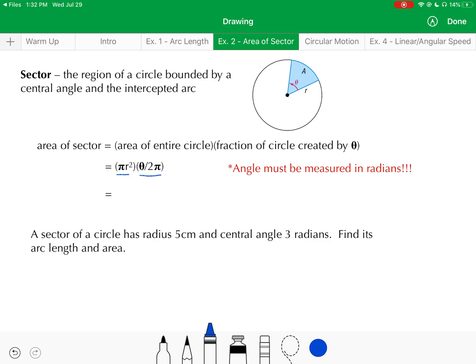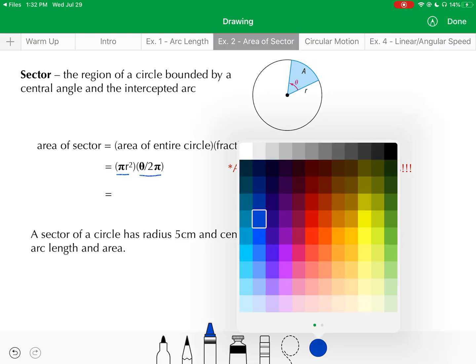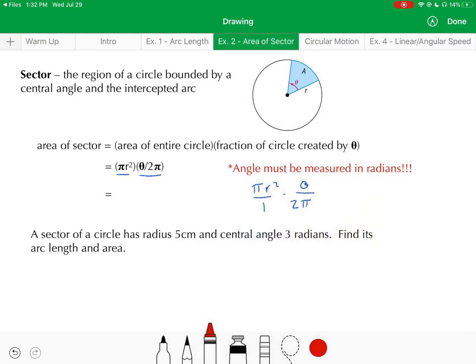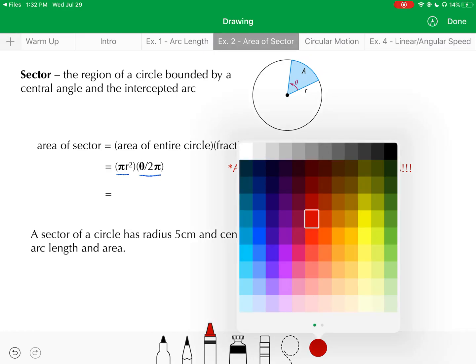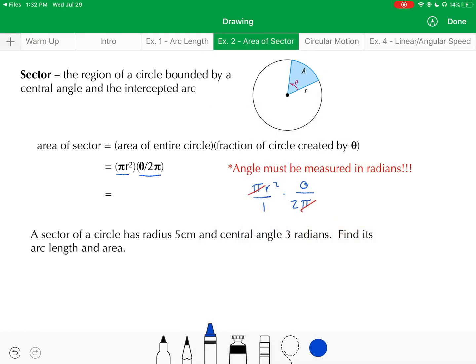So let's simplify this. Let's say we have pi r squared being multiplied by theta over 2 pi. Think of that pi r squared as over 1. And notice I can reduce away pi here. And that leaves me with r squared times theta over 2. And it's common that we write this as 1/2 times r squared times theta.